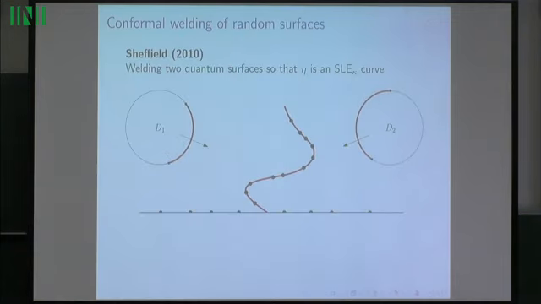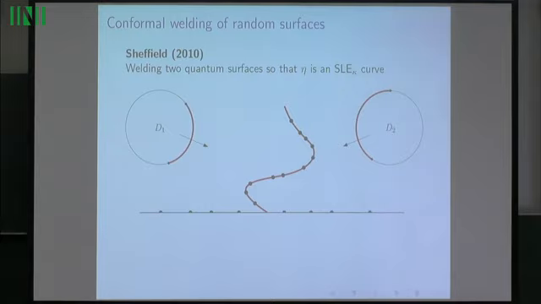So from 2010, Sheffield looked at the conformal welding problem for random surfaces. He looks at the welding of two quantum surfaces, so that the interface is an SLE curve. Here, a quantum surface is just a normal surface with extra Liouville quantum gravity structure on top of it.